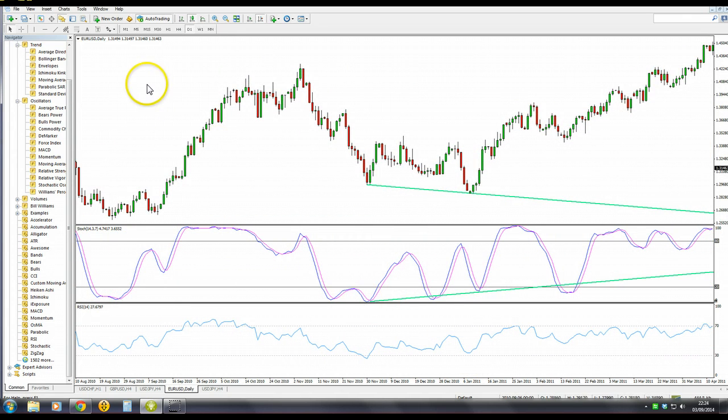So yeah, as you can see there, the price was moving down, making lower lows, while the indicators were making higher highs. That's signified also by the RSI. So RSI is pointing up, the Stochastic is pointing up, but the price is actually going lower. So definitely keep an eye out for this right here.